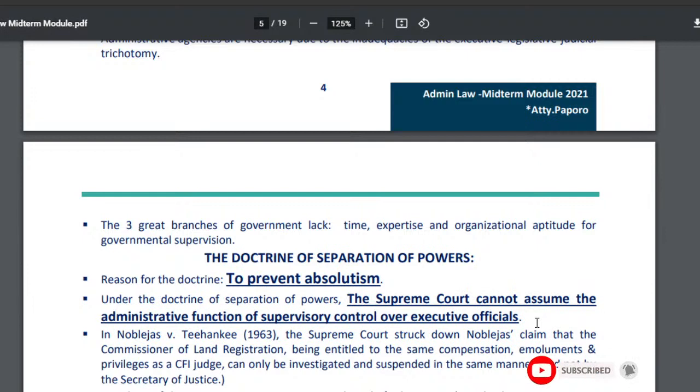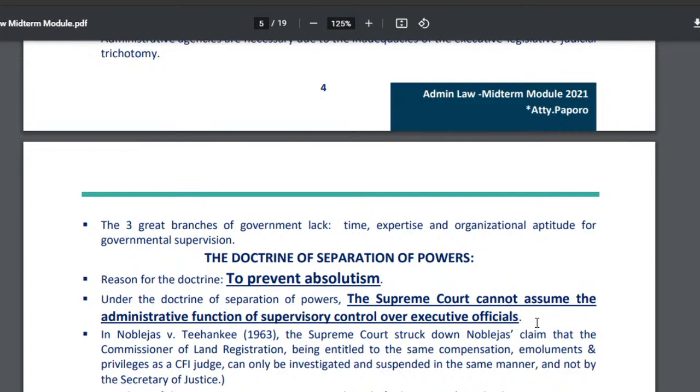In Noblejas versus Teehankee, the Supreme Court struck down Noblejas' claim that the Commissioner of Land Registration, being entitled to the same compensation, emoluments, and privileges as an RTC judge, ni siyang equivalent sa CFI karon, can only be investigated and suspended in the same manner and not by the Secretary of Justice. Why? Because the judges are only under the direct supervision and control of the Supreme Court.